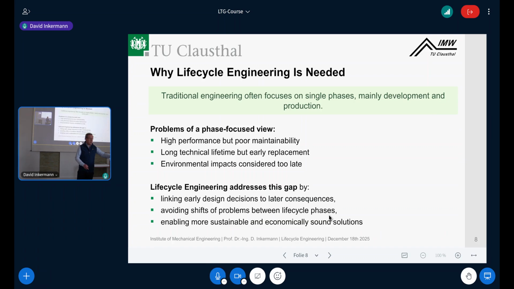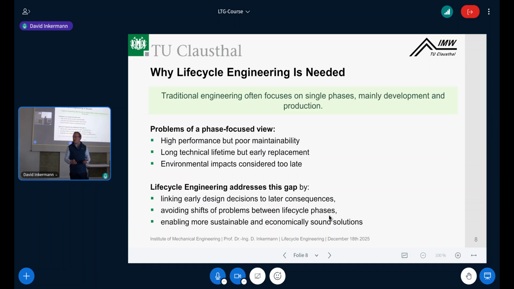And going into this in more detail, for sure you can ask the question, why is life cycle engineering needed and what is the difference to the normal development approaches? And for sure there's also a little bit of a discussion. Every designer would argue, okay, I'm thinking about the life cycle, but in most cases, these problems or these approaches are more focusing on one phase. Yeah, we are designing a product which performs very well, but is poor in maintainability.